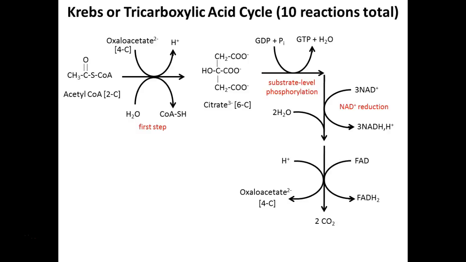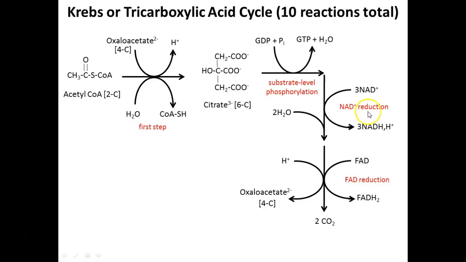It's carrying those phosphates, that extra energy. We got more electron carriers that are going to be generated. And another one we haven't mentioned yet, FAD, becomes FADH2. Notice all the carbon given off as carbon dioxide, and the oxalate is recycled, right? So that just keeps going through this cycle over and over and over again. That's why it's called a cycle. It keeps going cyclically.